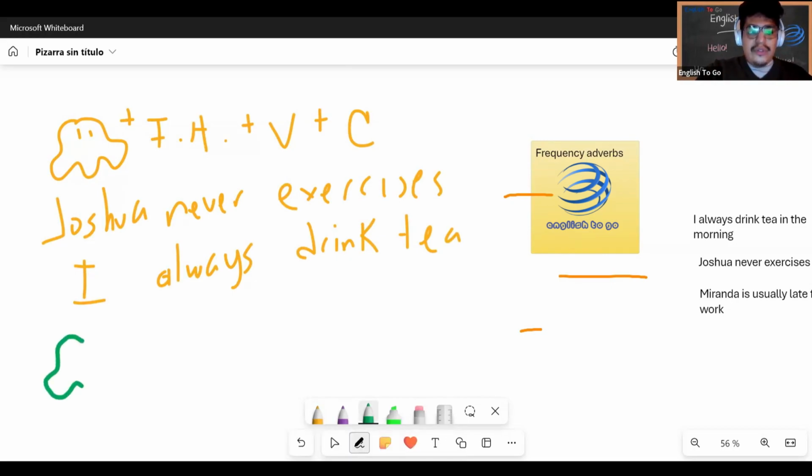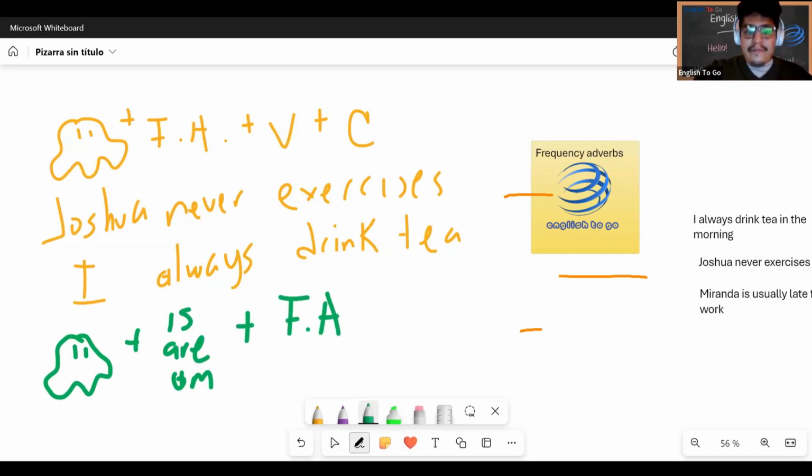We, of course, need a subject. Then we use the verb to be, of course, in present: is, are, or am. Then we have the frequency adverb and, of course, a complement if necessary. Okay?